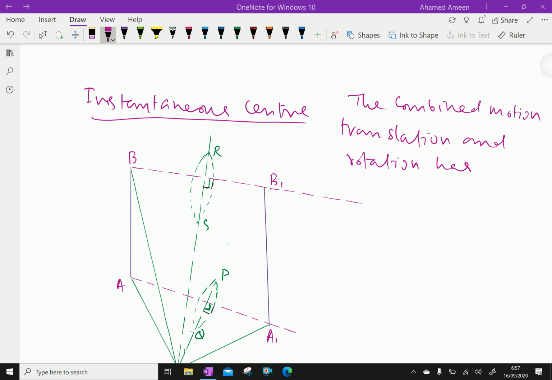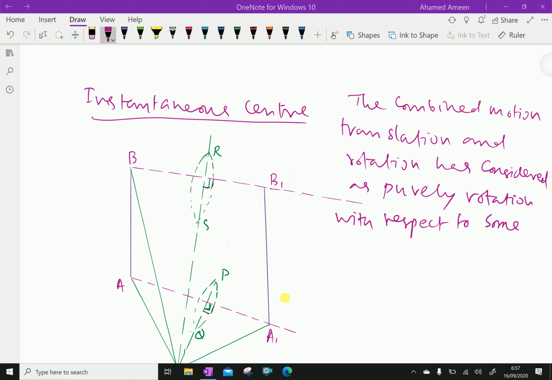is considered as purely rotation with respect to some point.